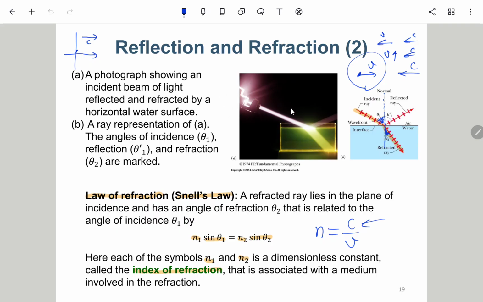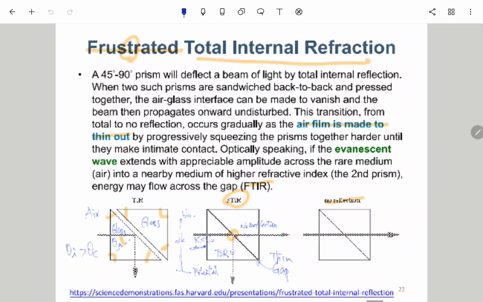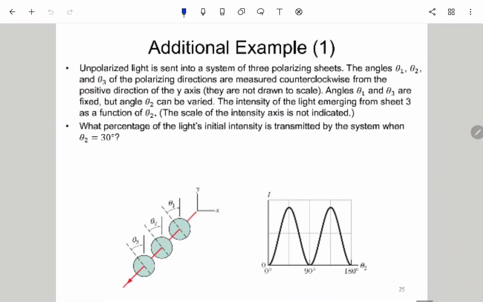So here's the source, the light is incident from top left to the surface. This will be the refracted ray, and this one will be the reflected ray. So we may be able to observe the angle easily.